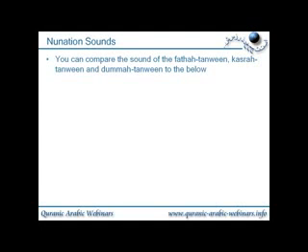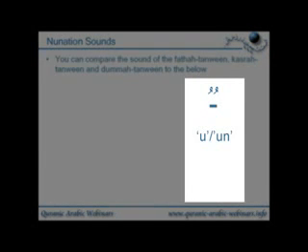Nunation sounds. You can compare the sound of the fatha tanween, kasra tanween and the dhamma tanween to the below. So this is just to help you to see a comparison. Here we have the dhammatain giving the Un sound. So if we were to write that as separate letters in Arabic, and we've already covered the sukun, this is the sound you would actually get.